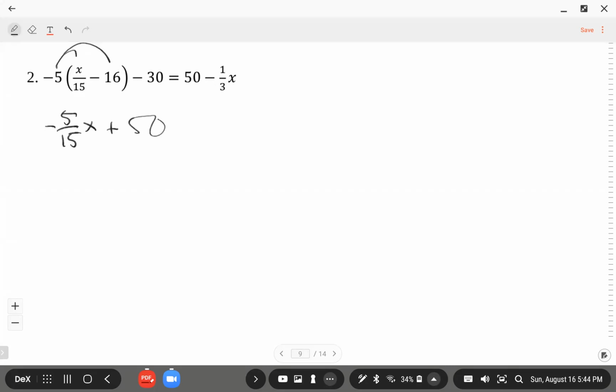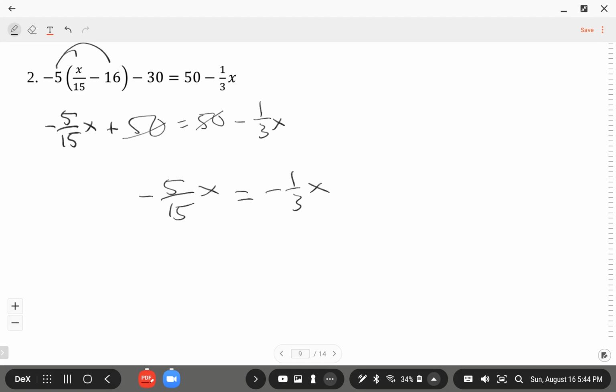Okay, and then we have another 50 on this side, and then a negative 1/3 x. And let's see. This cancels out, right? We have the 50s just cancel out. And then we get negative 5 over 15x, and then equals negative 1/3 x.